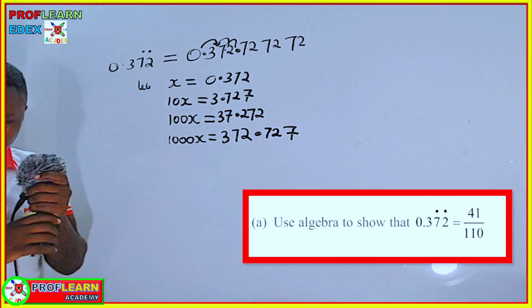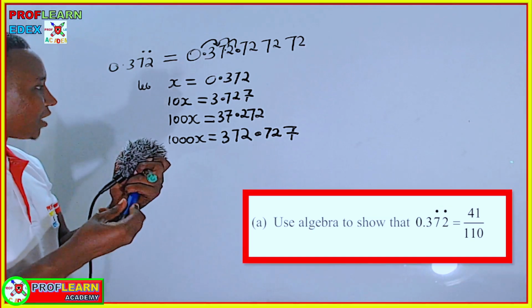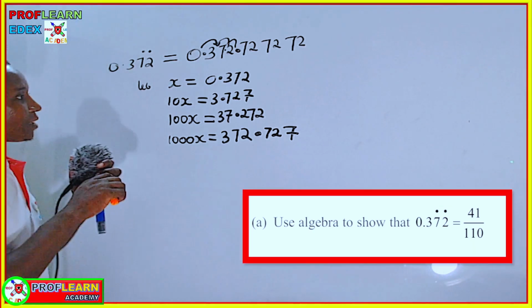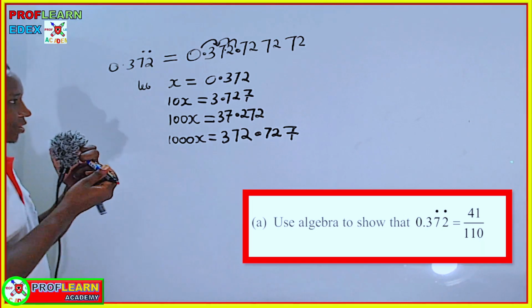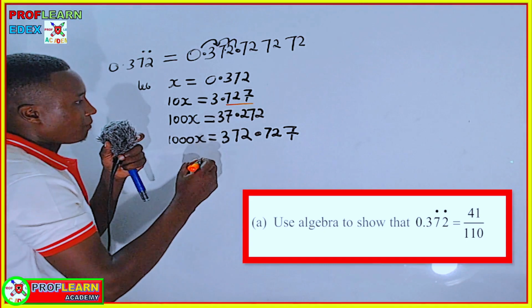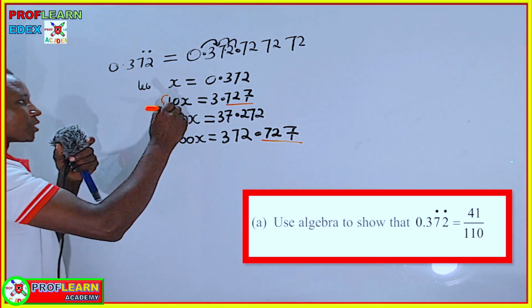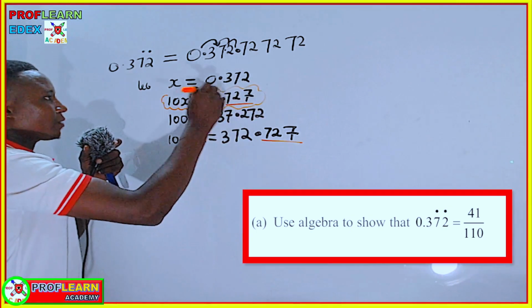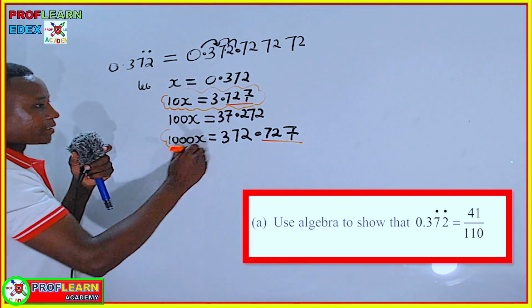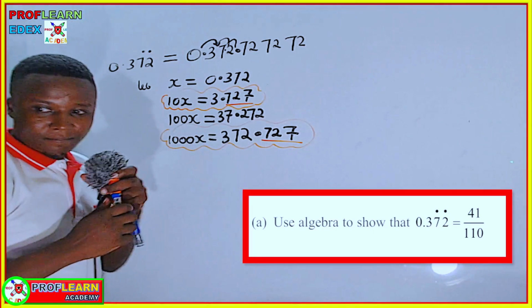Now I feel that at this point, if we subtract, we can get a 0 after the decimal point. Look, this is 727 and this is 727, so we are going to use this part and this part in order to work out this decimal.